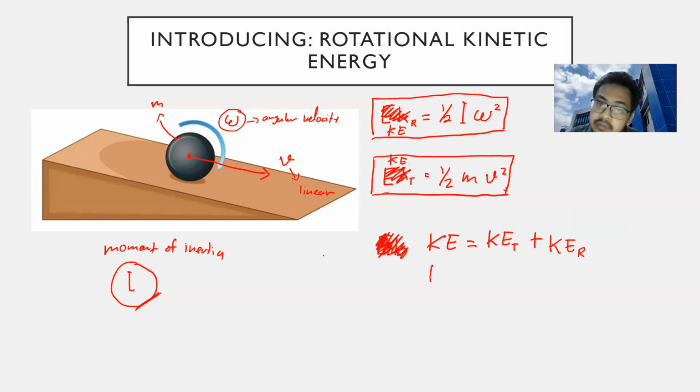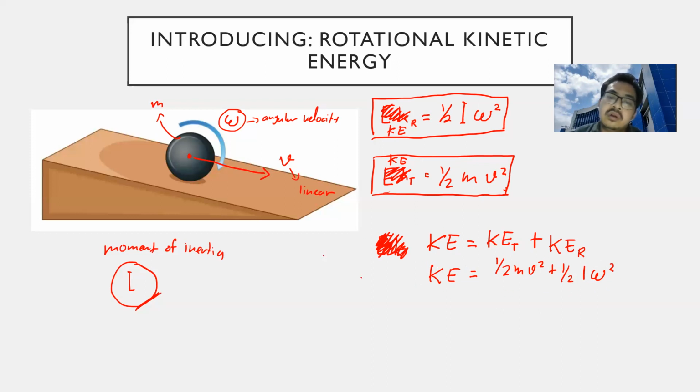Or we can elaborate this into half times m times v square plus half times I times omega square. Okay, so this is the total kinetic energy.